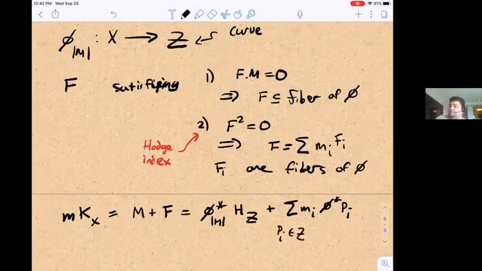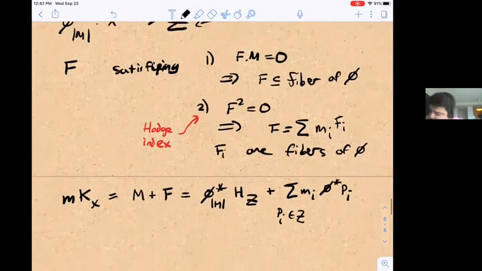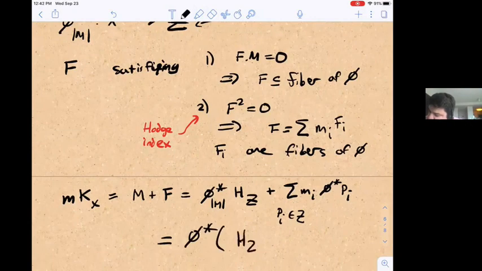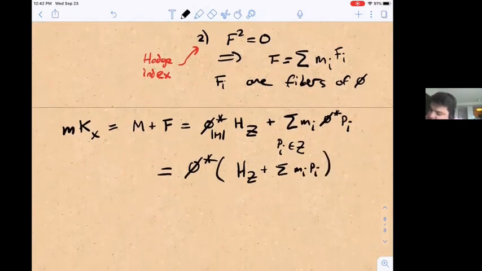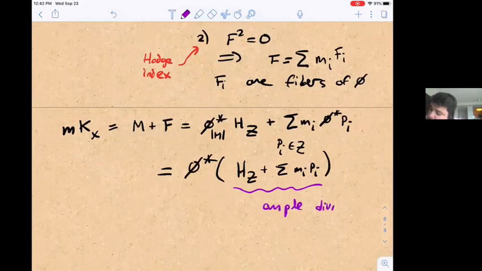This whole thing is just phi upper star of some divisor H_Z plus the sum of m_i P_i, which is just a different ample on a curve. And so we have this divisor that's the pullback of an ample divisor by a morphism, so it has to be base point free.